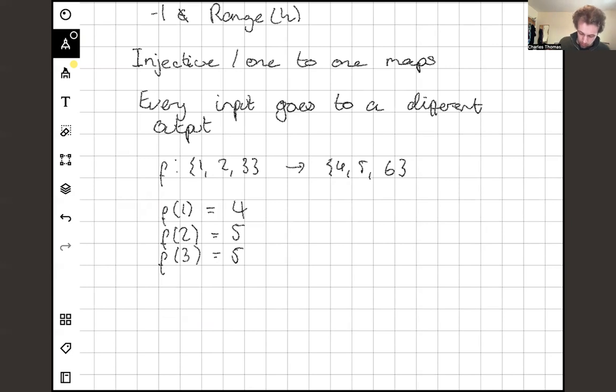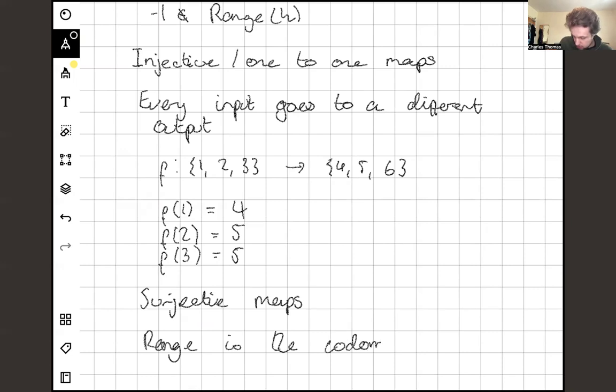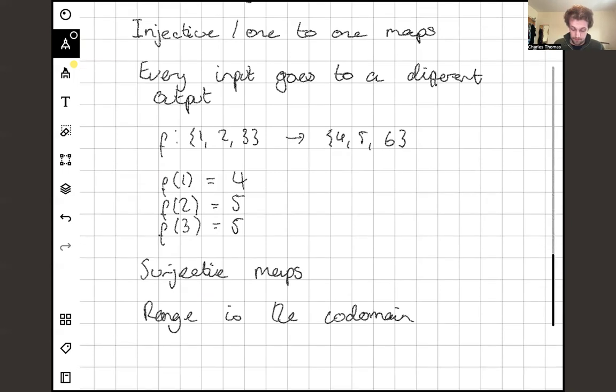The other type of map we want to talk about are surjective maps. And these are maps where the range is the codomain, which in more normal language just means we can reach every possible output.